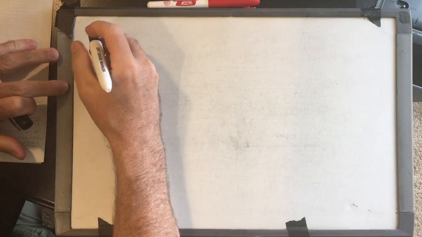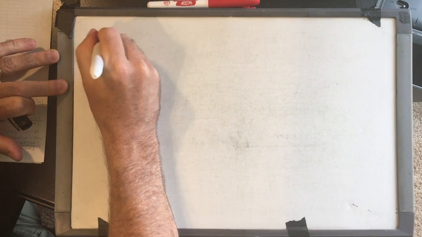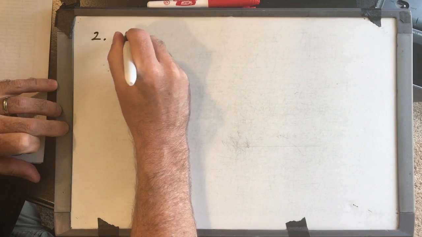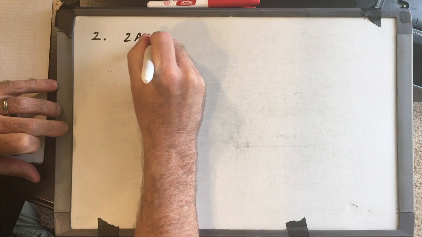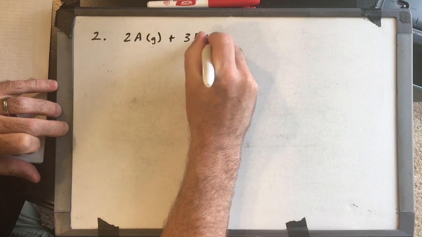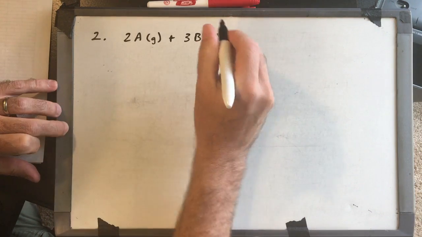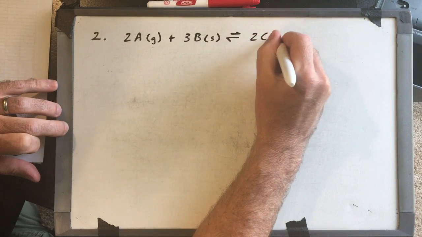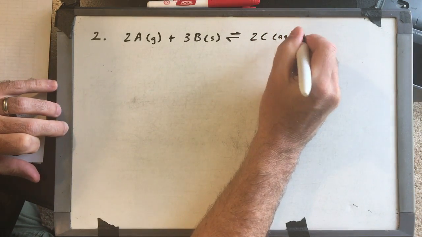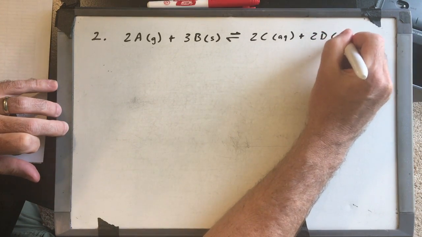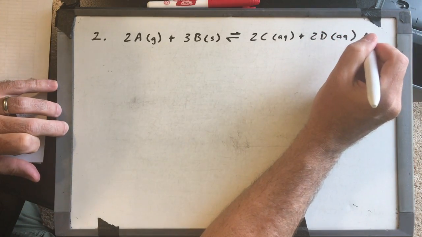All right, number two, I didn't even write actual compounds in there. We just have 2A, which is a gas, plus 3B, which is a solid, we'd have 2C, which is aqueous, plus 2D, which is aqueous.